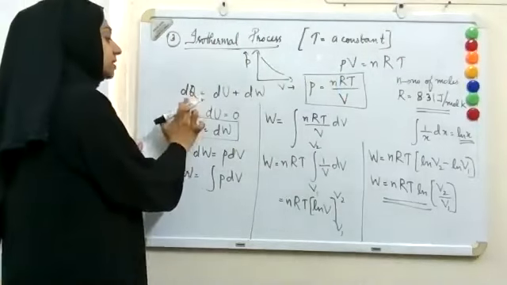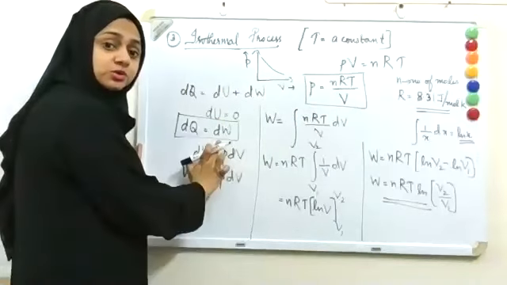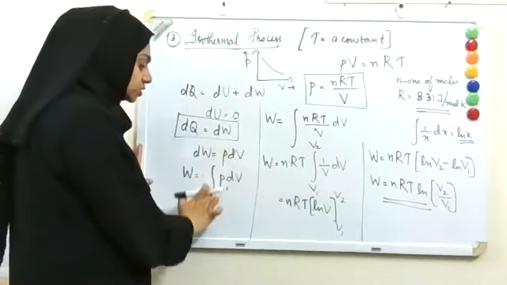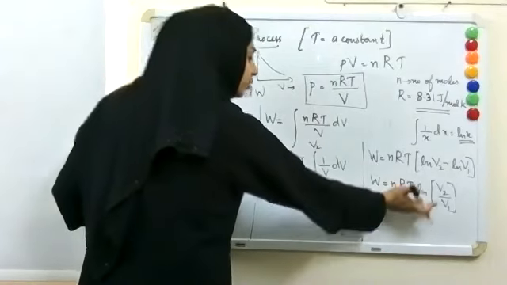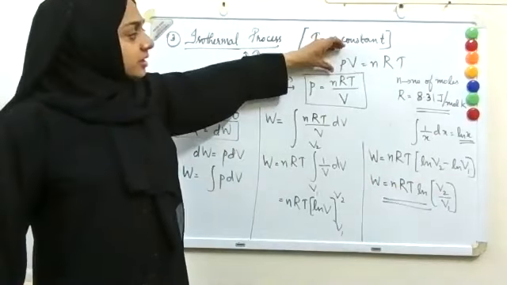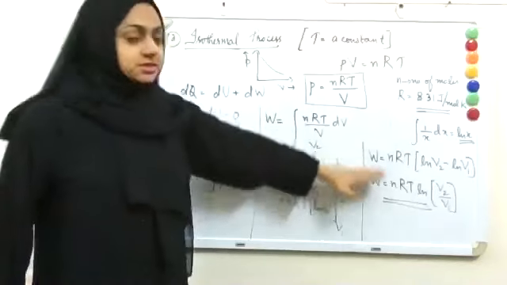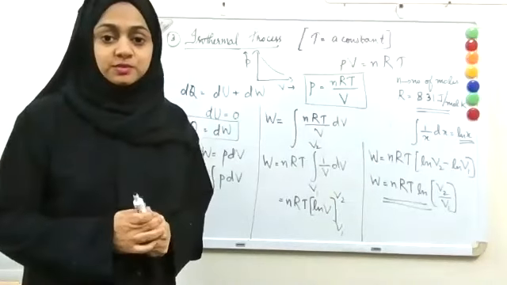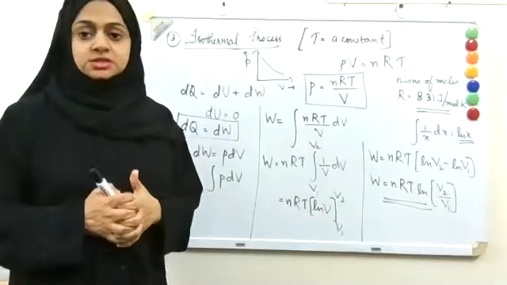And we saw that the first law of thermodynamics appears as dQ is equal to dW, and we also derived an expression for the total work done. For that, we used the idea of the ideal gas equation, and that's it. Is this clear to you?